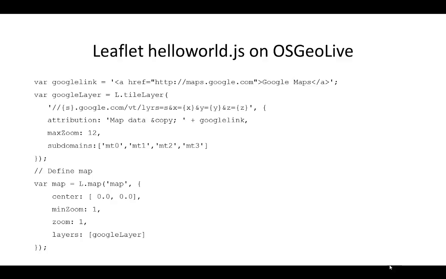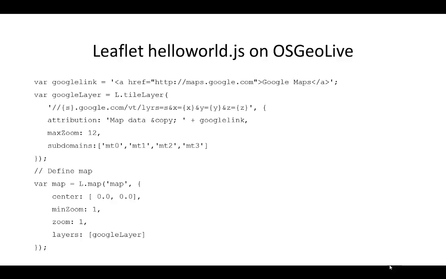We have one called center, which is just the center of the map in latitude and longitude. The minimum zoom, that's the zoom that you start at, and the maximum zoom is the height at which you see the map.